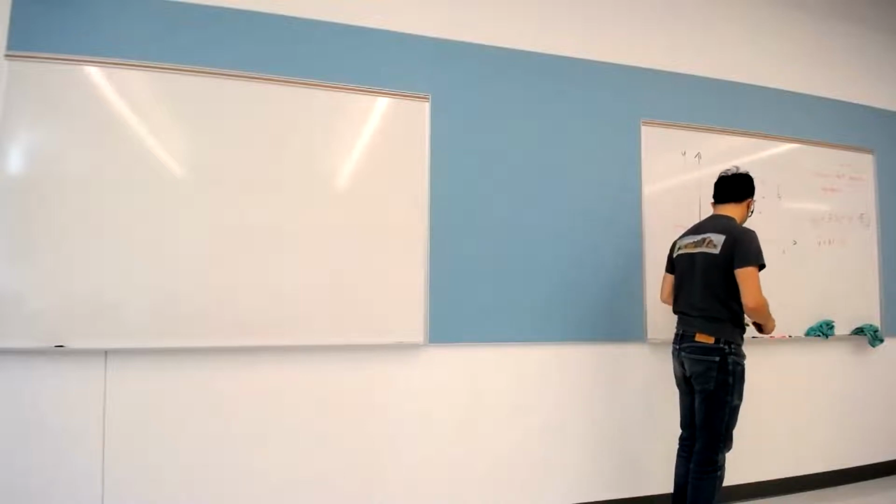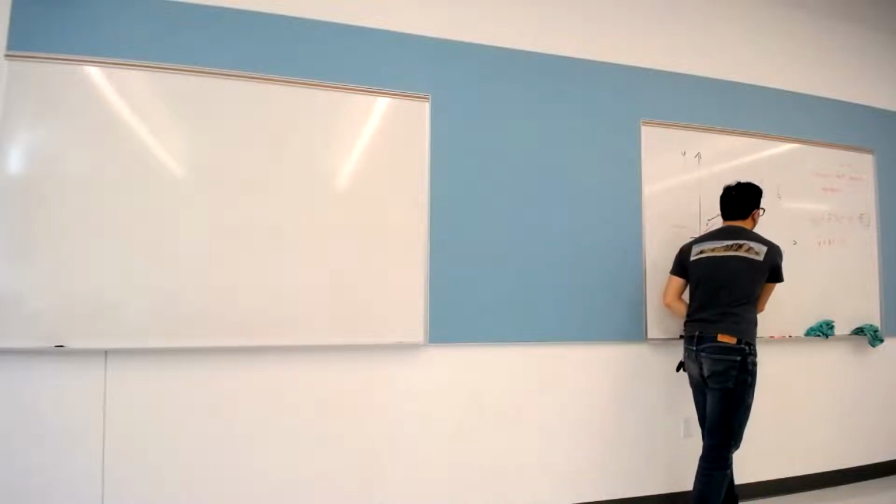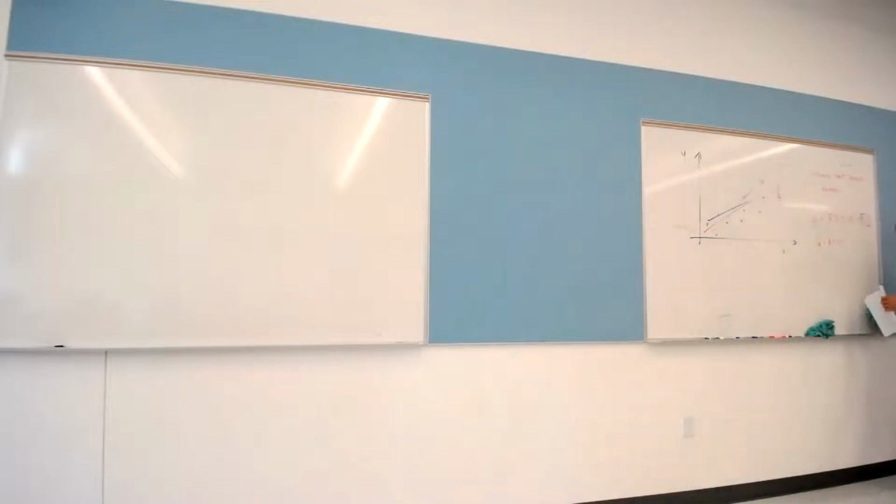So if we're thinking about this in terms of an optimization, we want to be doing something like: minimize the sum, for all of my data points, of the error squared, okay? So we want to find the line that will do this the best.